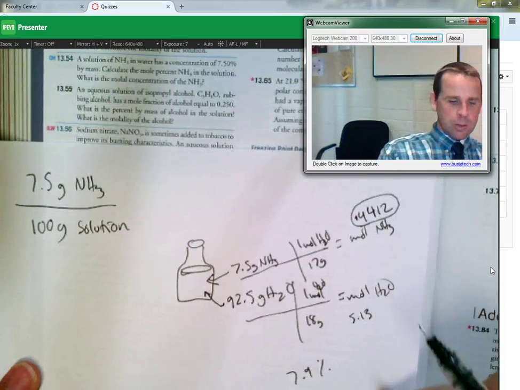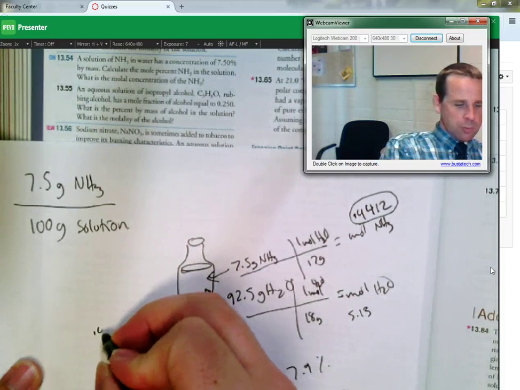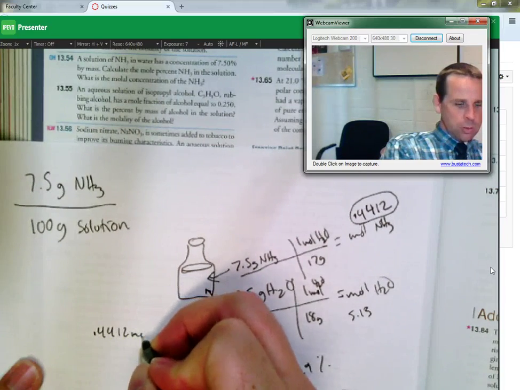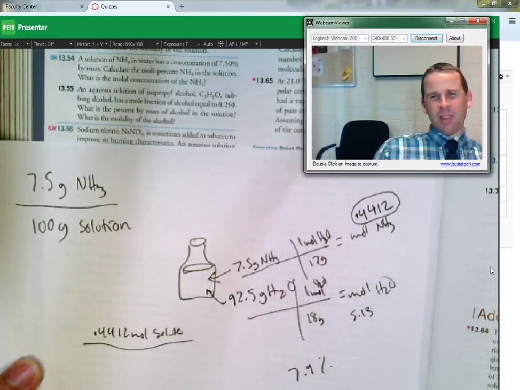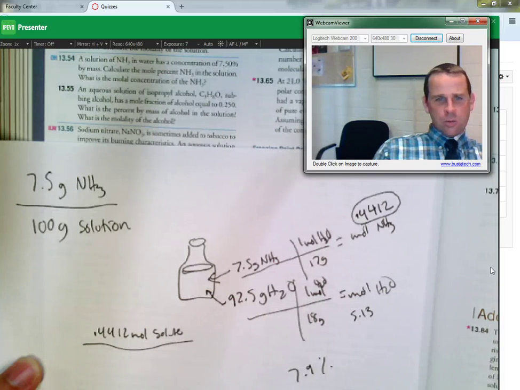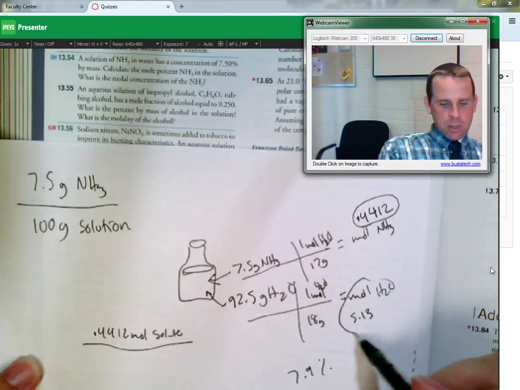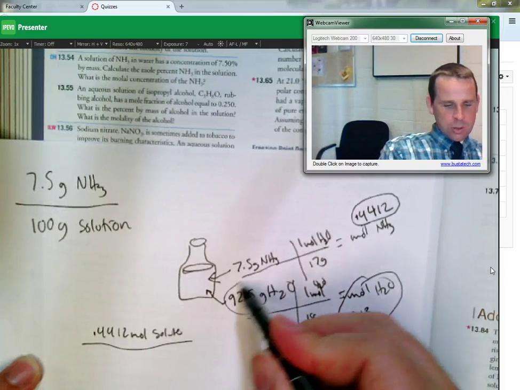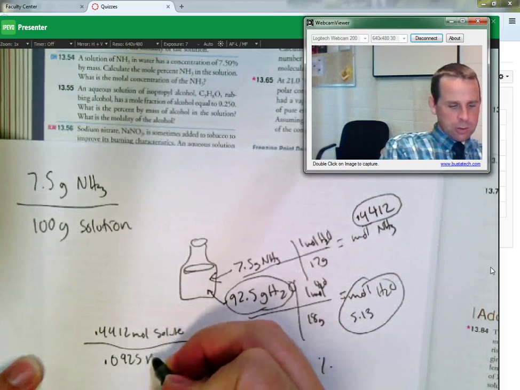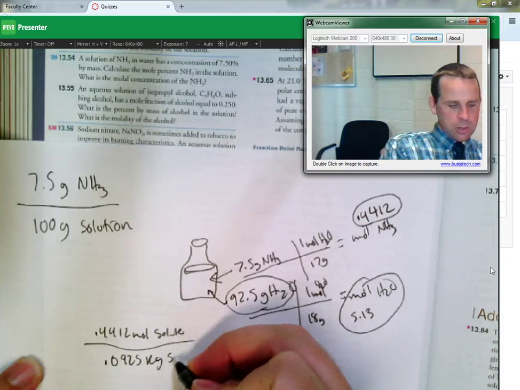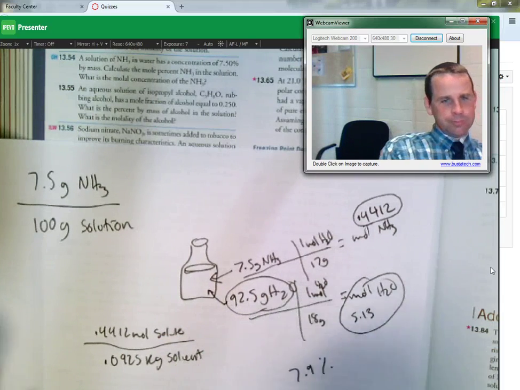So I can say 0.4412 moles of solute. Now I need to divide that by the kilograms of solvent. So I know that this many moles of water was actually 92.5 grams, which is the same as 0.0925 kilograms of the solvent, which was water.